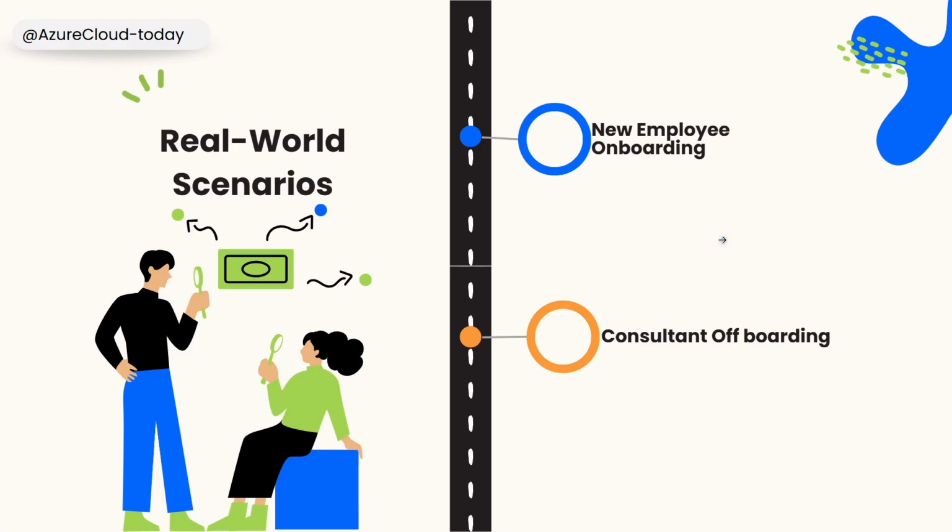Now let's look at some real world scenarios to understand this better. New employee onboarding. Tom just joined the sales team and IT tells him to download the company portal application from the App Store on his iPhone. What does Tom do after that? He signs into the company portal application with his work email.